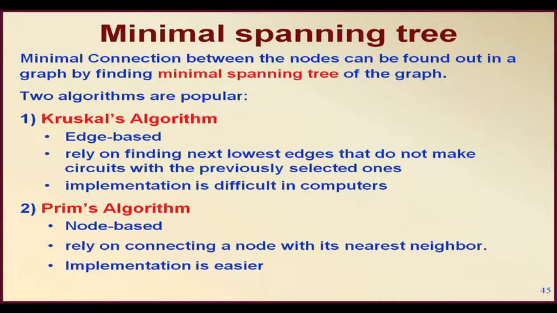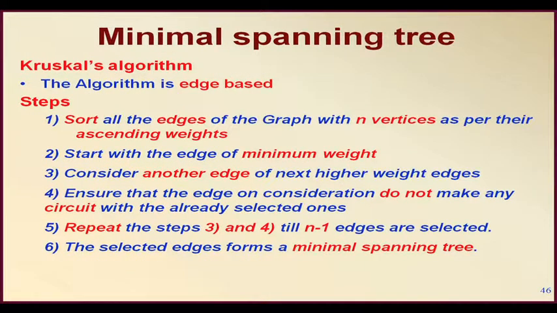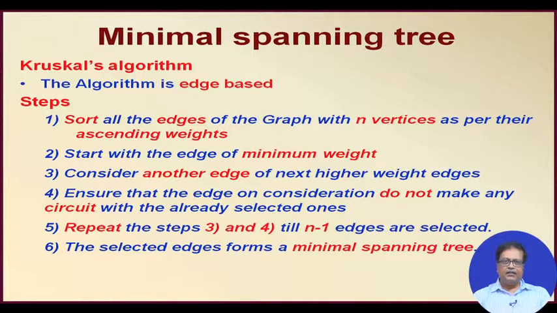So, what exactly we do here is, in the Kruskals algorithm, you can see the method. We sort all the edges of the graph with n vertices as per their ascending weights, and then start with the edge of minimum weight. Consider another edge of next higher weight and ensure that the edge under consideration does not make any circuit with the already selected ones. That is very important.